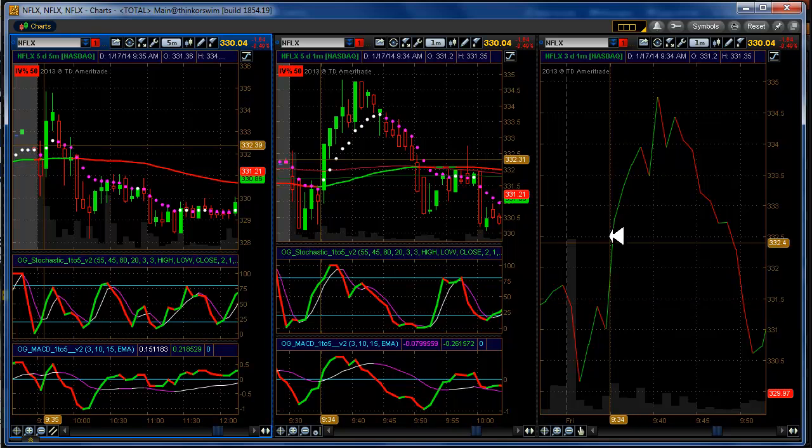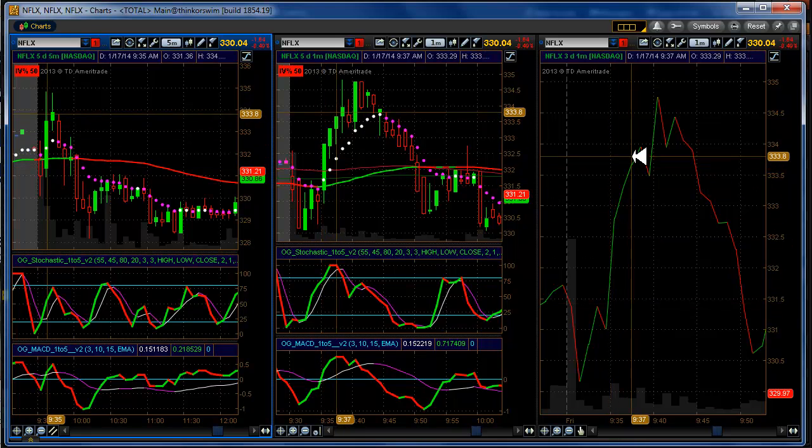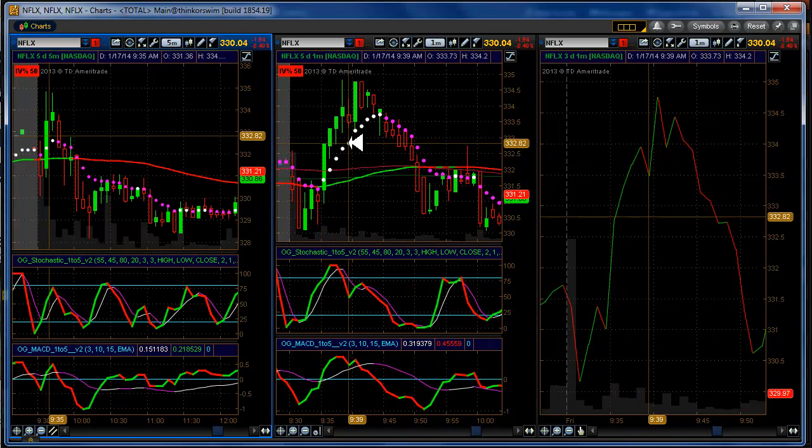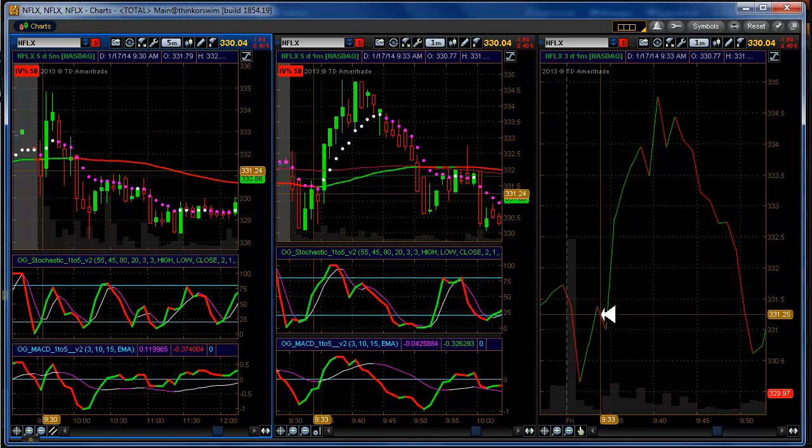I have all my charts in sync too. I sync the cursor so that wherever I place it on one chart, it's going to show up on the other one.